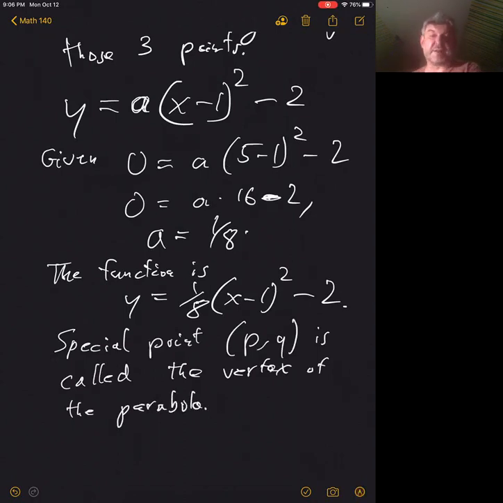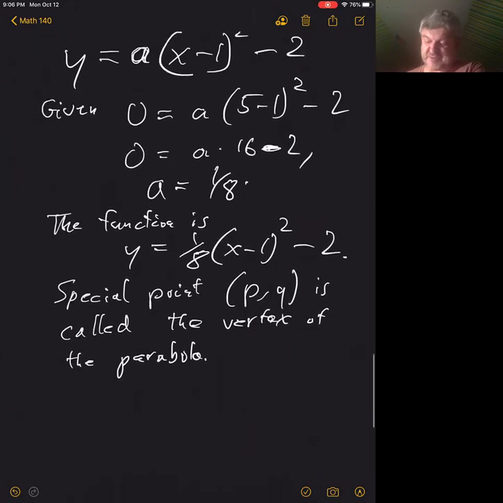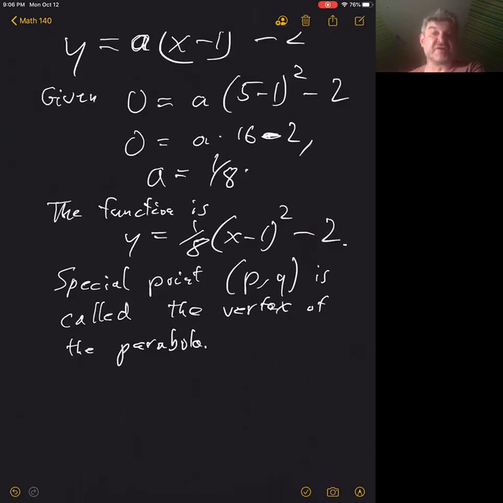And it's wherever the origin ends up after you shift the whole parabola. The origin is a special point for the original standard parabola. When you shift it, you get this other point p, q. What's so special about it? It's the lowest point on the standard parabola, the lowest y value.